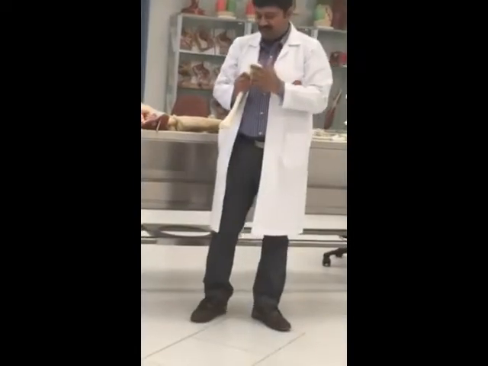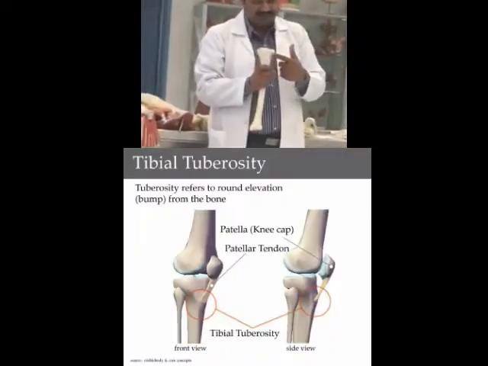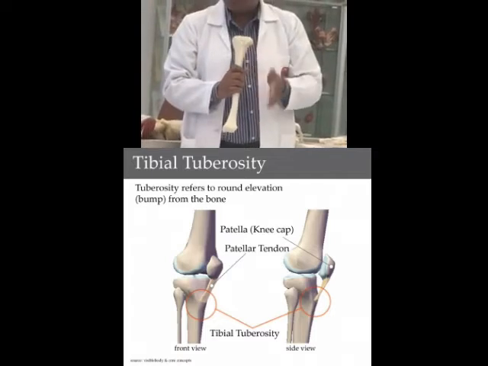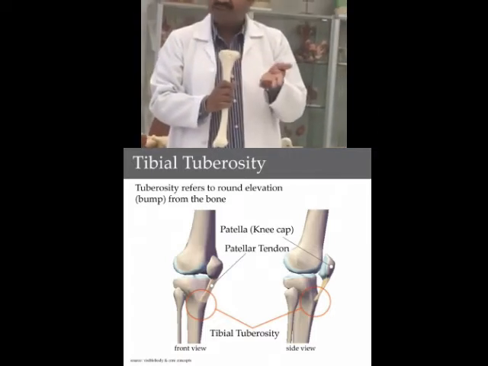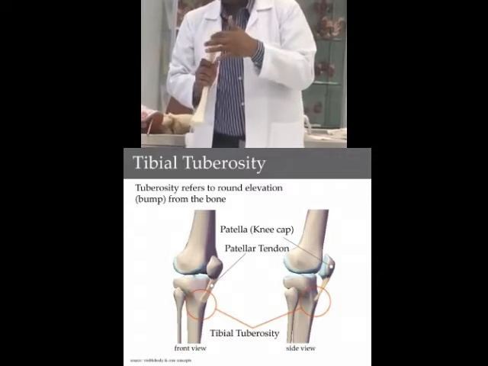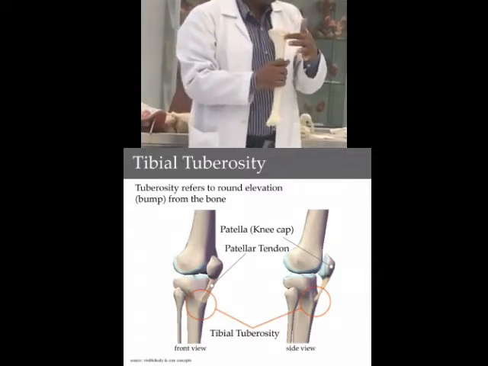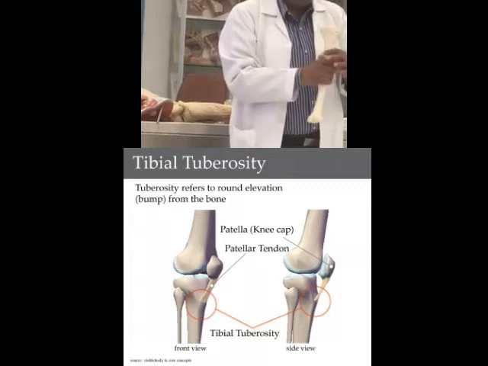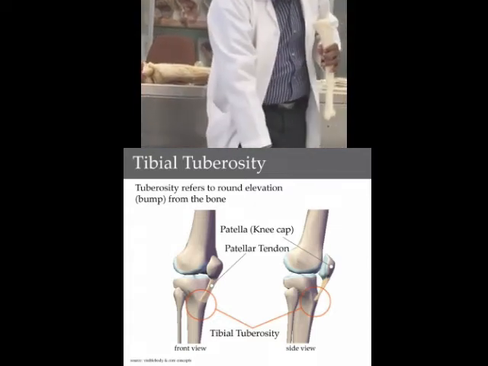Okay. Now here you see just below the condyle, this region. There is a tuberosity. Okay, this tuberosity. The bone is tibia, so the name is tibial tuberosity. Like radius, radial tuberosity. Here this is tibial tuberosity. Clear? Tibial tuberosity receives the tendon of the quadriceps after the patella.